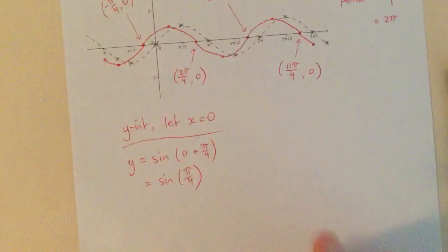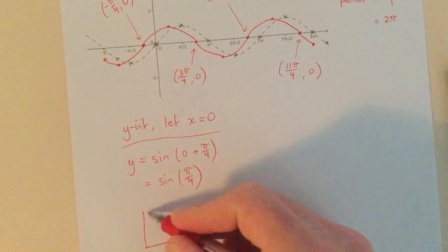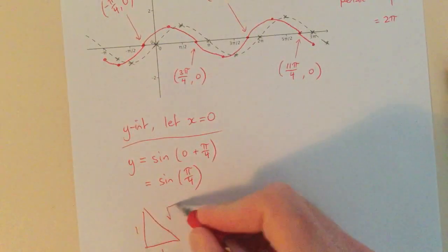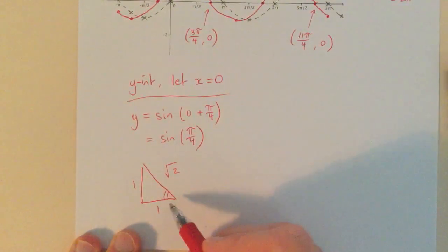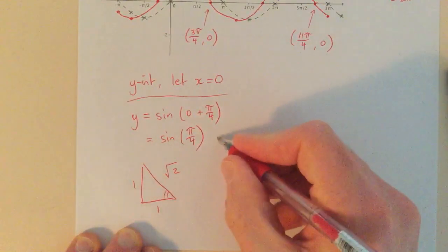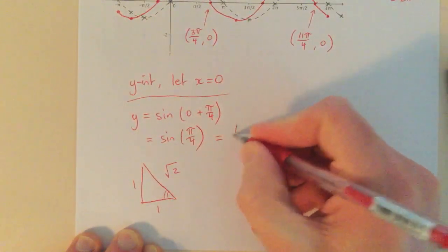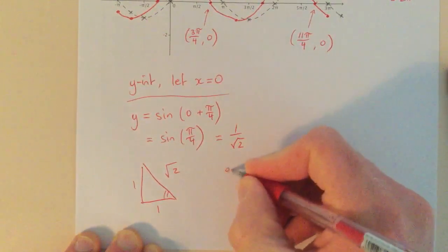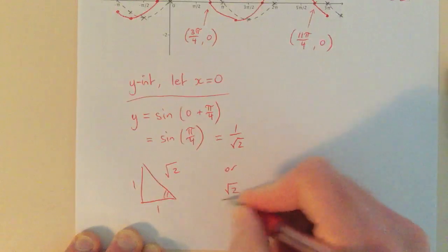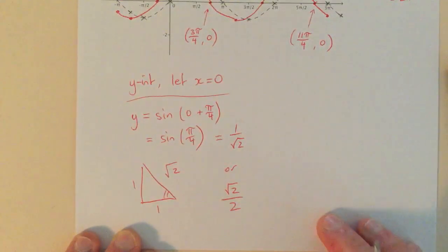Now we should know that one, but in case we don't, sketch a triangle. Remember that both of these angles are pi on 4, so it doesn't really matter which way we go. Sine's opposite over hypotenuse, so sine of pi on 4 is 1 on root 2, or root 2 on 2.